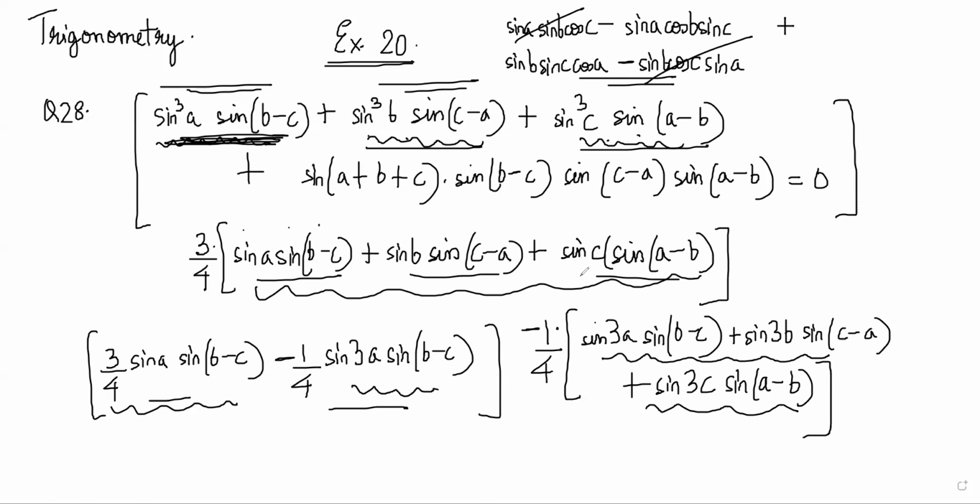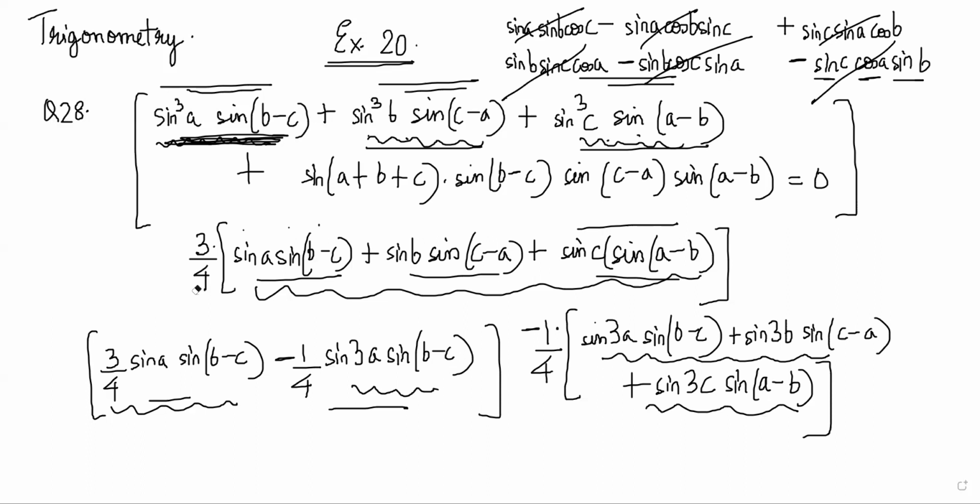You also have this one will become sine C, sine A, cos B minus sine C, cos A, sine B, right? Now see sine C, sine B, cos A. This will cancel this and this will cancel this. Do you understand what is happening?